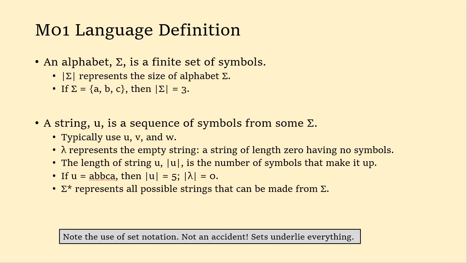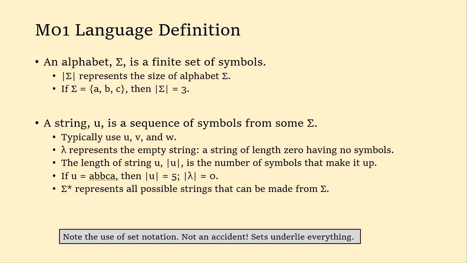Now, again, just like everybody uses capital sigma for the alphabet, we almost always use U and V and W to represent strings. This is just tradition. It's the way the community has grown up talking about these things. So in this course, we're going to use U and V and W to represent strings.